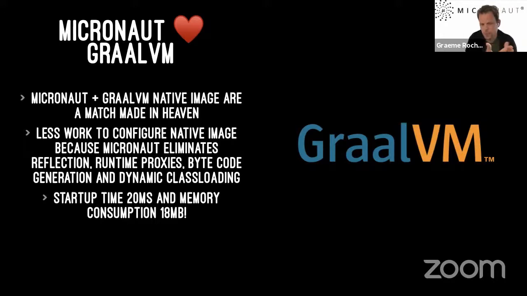So, like I said, GraalVM has to perform a closed world static analysis on the code, and that means that it needs to find all the reachable parts of the code through the use of static analysis. And that means if there is any reflection, any runtime proxies, any bytecode generation, or dynamic class loading in your application, you need to configure native image and tell it about these use cases. And because Micronaut doesn't do any of those things, you literally don't have to configure anything.